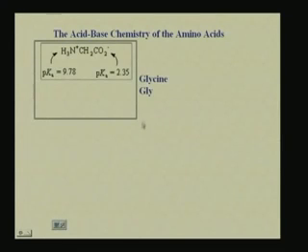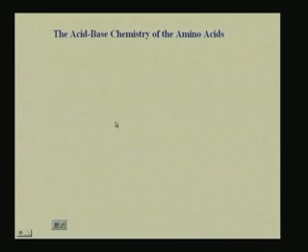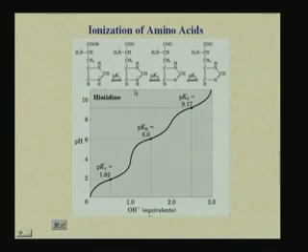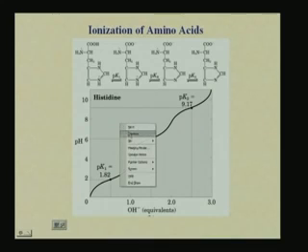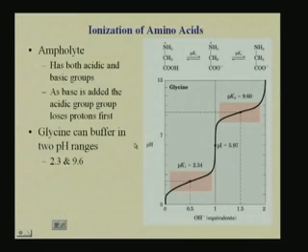Okay. So what do we have here? For the glycine, I have two pK values, right? What is this form? It is the zwitterionic form. So at a particular point, let's just go back to the previous slide. Okay, here I have something called a pI value, that is the isoelectric point.